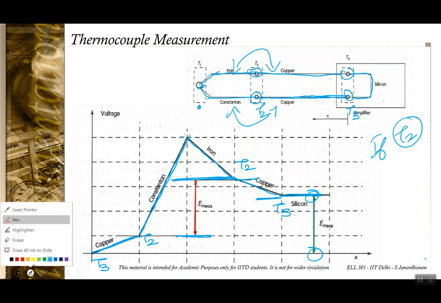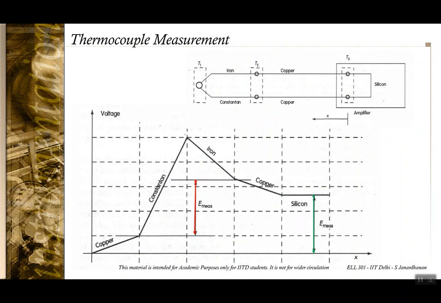However, let's see a more general scenario where these two junctions are not at the same temperature. If these two junctions are not at the same temperature, this rise in here is not equal to this fall, which would mean that this measurement and this measurement is not equal.